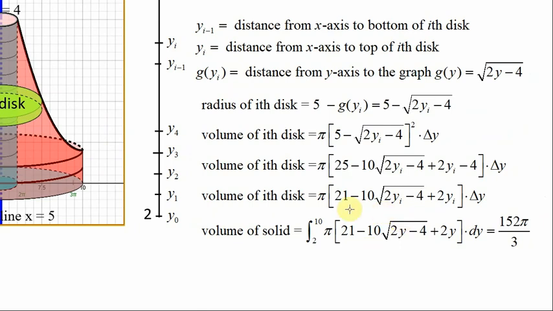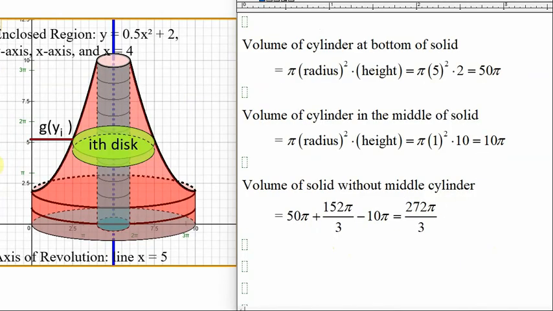And then we get the integral of pi times the expression 21 minus 10 times the square root of 2y minus 4 plus 2y, and then here we get dy. And then evaluate this definite integral right here. It will come out to be 152 pi over 3. So we have just found that the volume of this bell right here from 2 to 10 is 152 pi over 3.